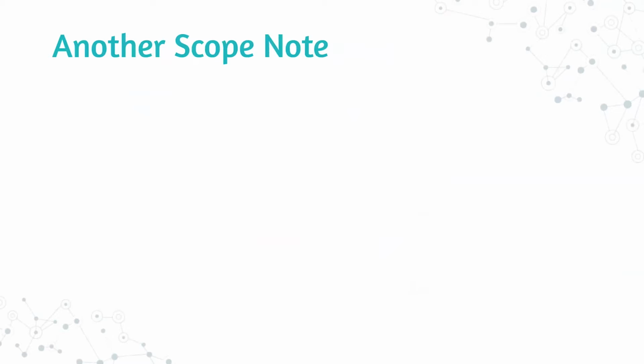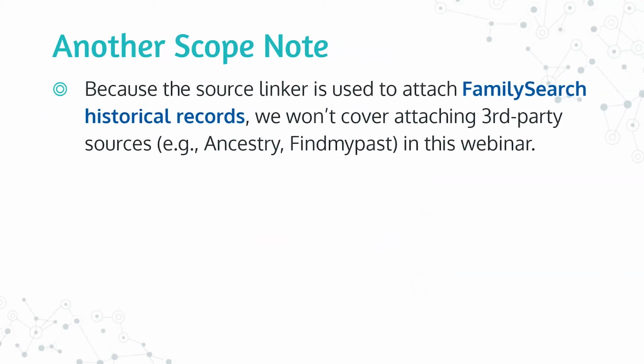At this point, let's bring up another scope note that we said we're talking about the new source linker. And also, because the source linker is only used to attach FamilySearch historical records, we're not going to talk about ways to attach third-party sources, such as maybe you found a military record on Ancestry or a christening record on Find My Past or something.